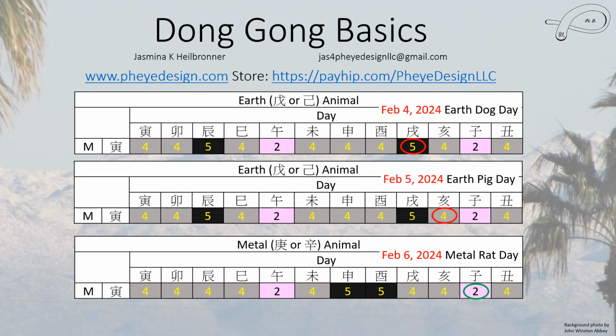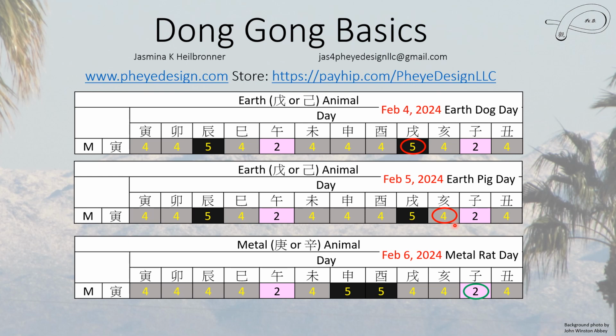So let's just look at the beginning of next year. February 4th is the solar New Year day. So that's this day. It is a tiger month and it's on an Earth Dog Day. And you can look that up. The second day, February 5th, is an Earth Pig Day.